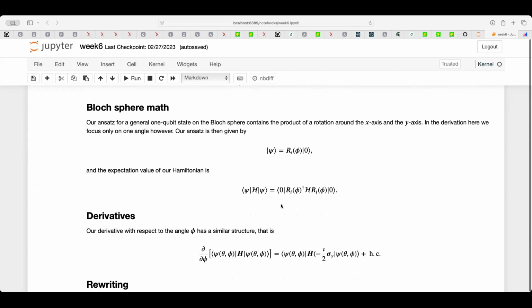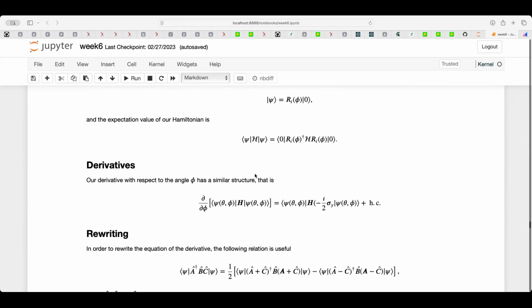And when I then take the derivative, I have to take the derivative with respect to this angle dependence and this angle dependence. So H, the original one, does not depend on any angle. There's no angle dependence there. The angle dependence comes in the rotation matrices. So when you take the derivative, what you have is simply an expression which looks like this, plus its Hermitian conjugate, because you're taking the derivative here as well.